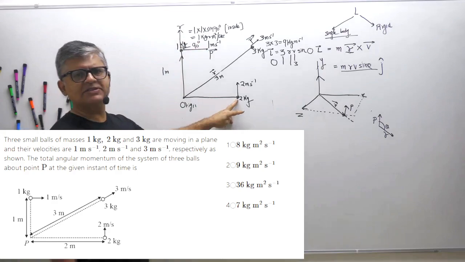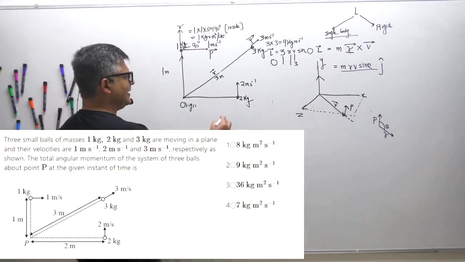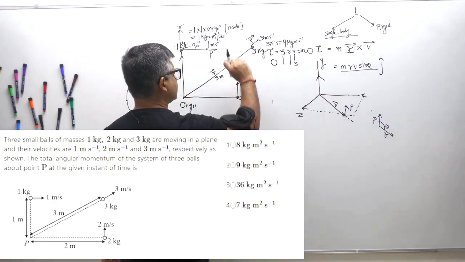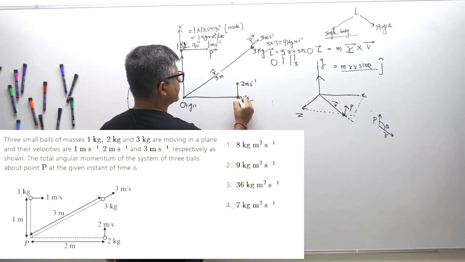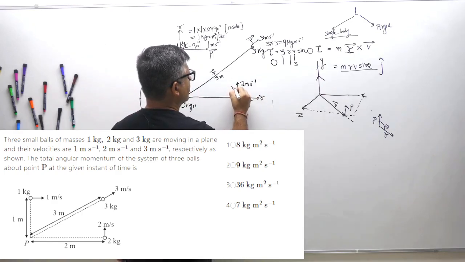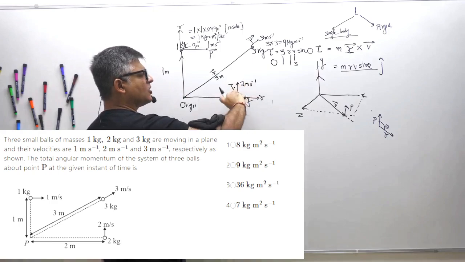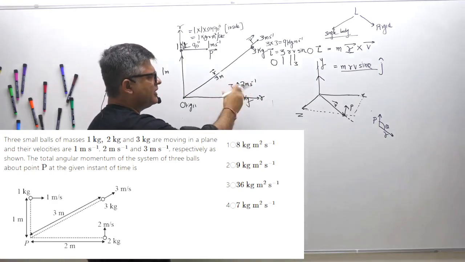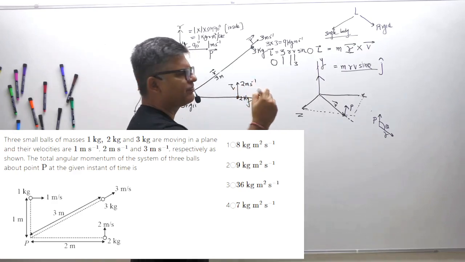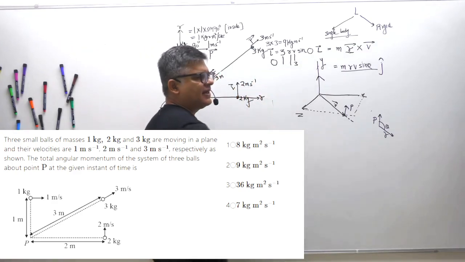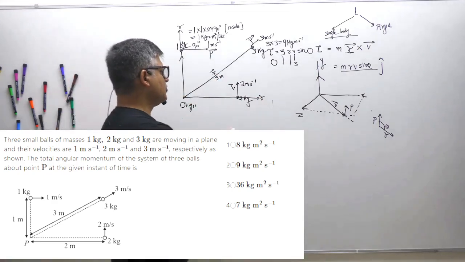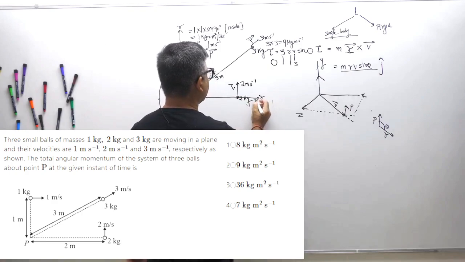Let's talk about this particular body. The linear momentum, the velocity vector, is in this direction, which is upwards. The r is in this direction. So if I extend this r, this is my velocity vector, and I do r cross v, the vector is coming out, like this, towards you. I hope you know a cross b is equal to minus b cross a. So this is your r, and let's do this now.